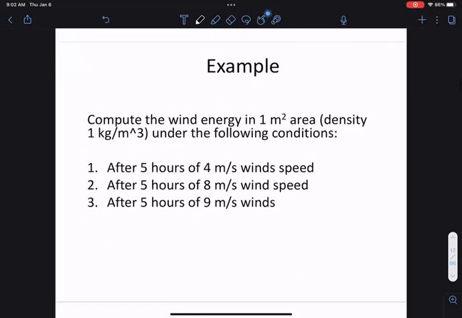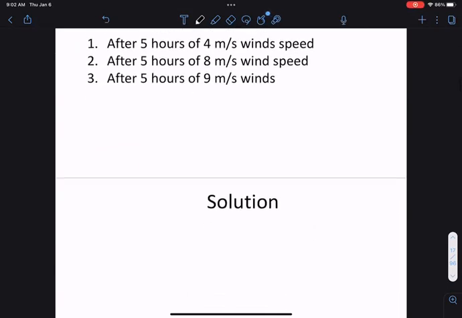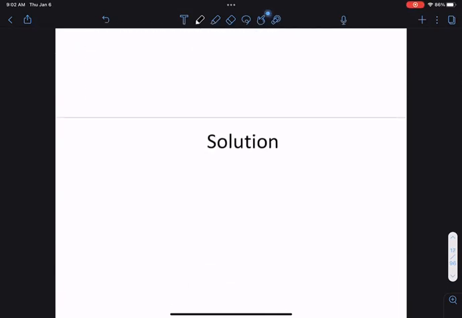So let's do an example. Let's say we want to compute the amount of wind energy you capture in a 1 meter square area under the following conditions. We have 5 hours of constant wind speed, and we want to look at how the amount of energy we can capture differs for different speeds.